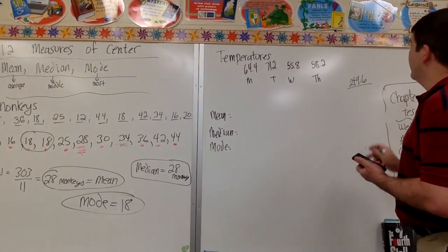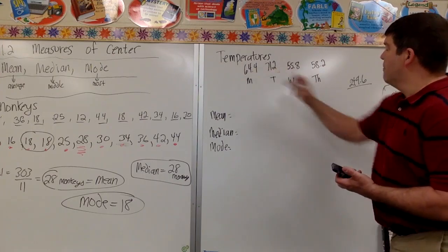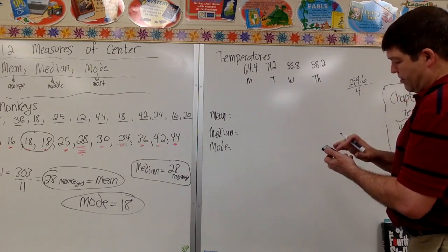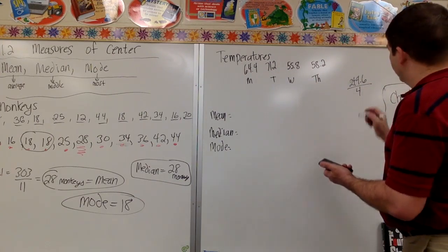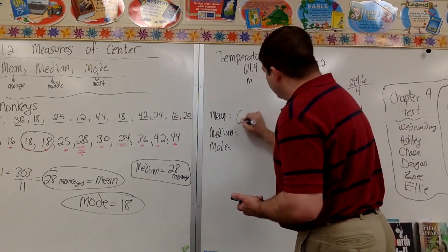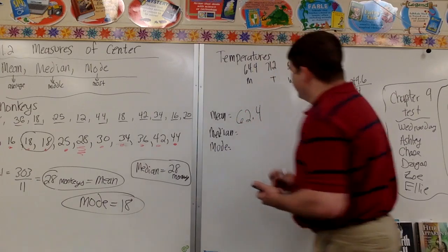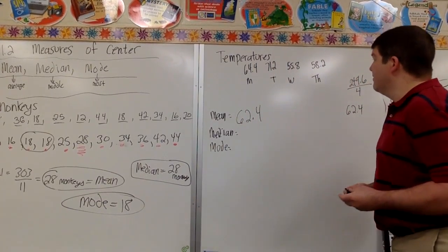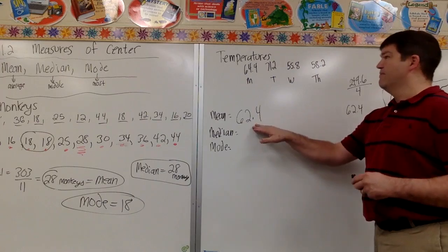Now, I divide that by 1, 2, 3, 4. Divided by 4 equals 62.4. So my mean, 62.4. And for all of these days, the average temperature is about 62.4.